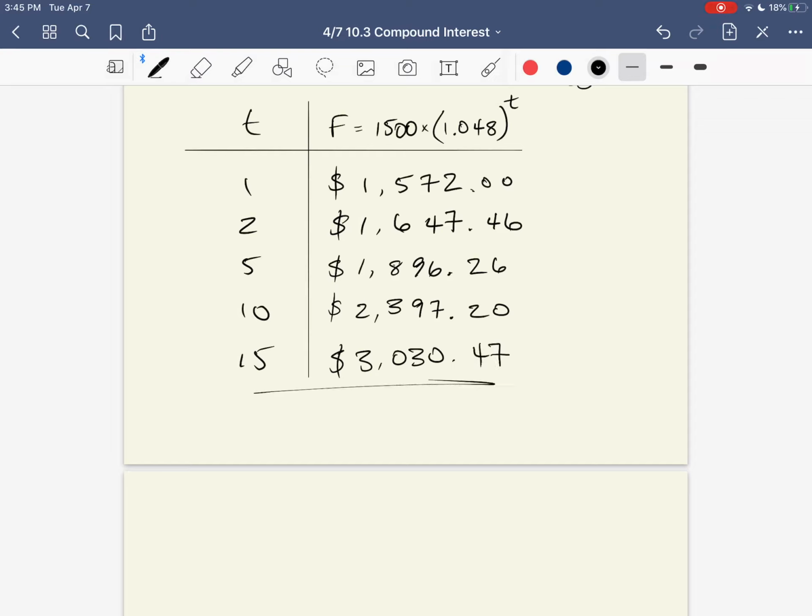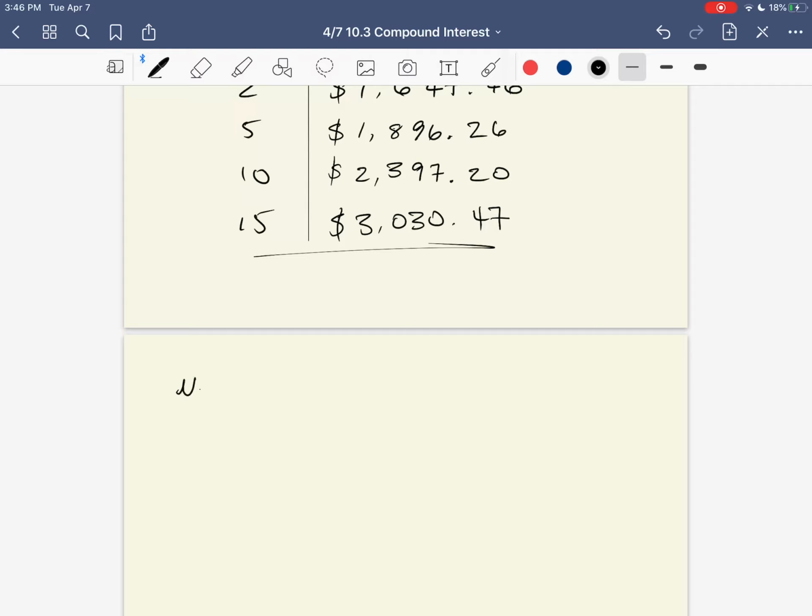This is an interesting trick. If you notice, after 15 years, you roughly double your money. You invested 1,500 and you get 3,000 back. So note, after 15 years, you double your money.